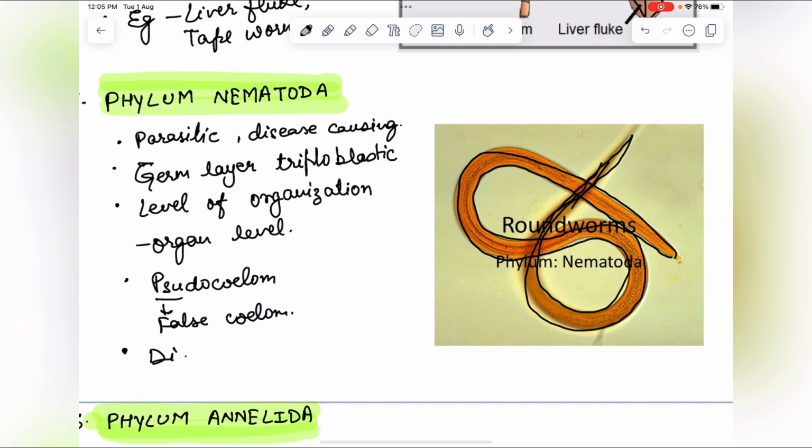Digestion will be incomplete. Example is threadworm or roundworm.